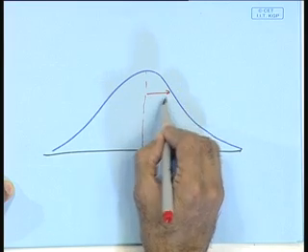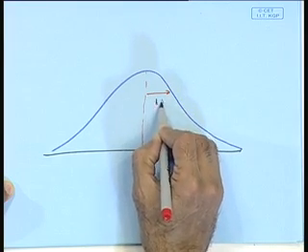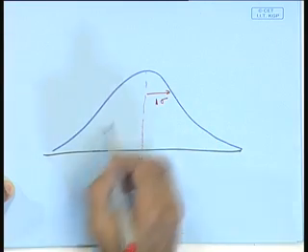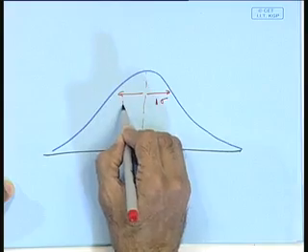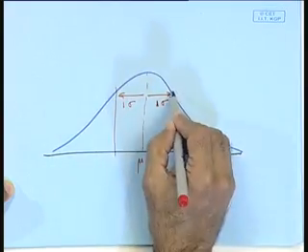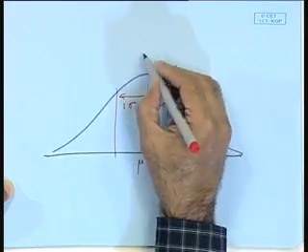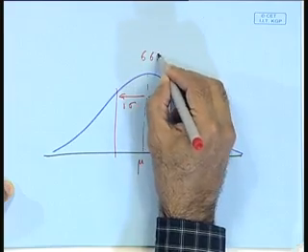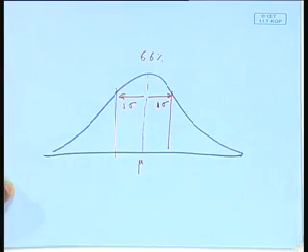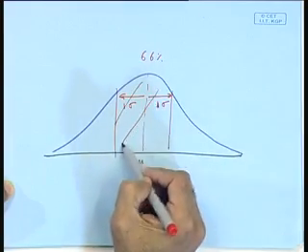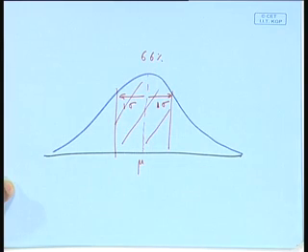It turns out if you look at the distance of 1 sigma this way and 1 sigma this way, this area contains 66% of all the points.